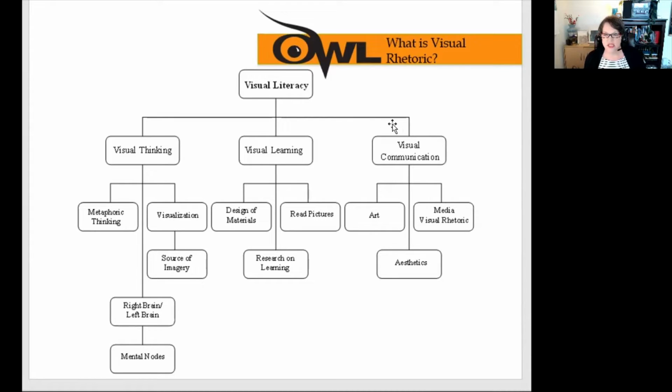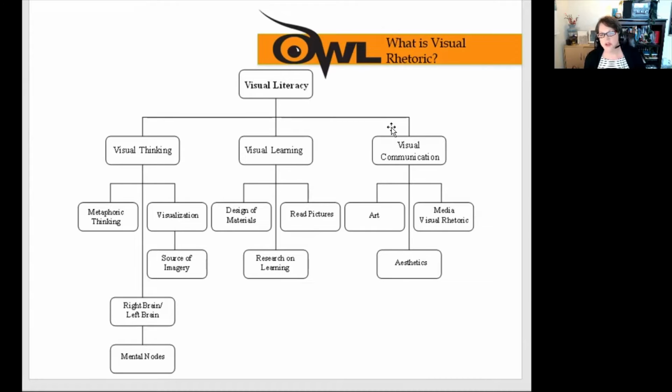So as you can see, with visual thinking, we have things like metaphoric thinking, visualization, imagery. Then we get into things like left brain and right brain and mental nodes. For visual learning, we're talking about the design of materials, reading pictures, and research on learning.